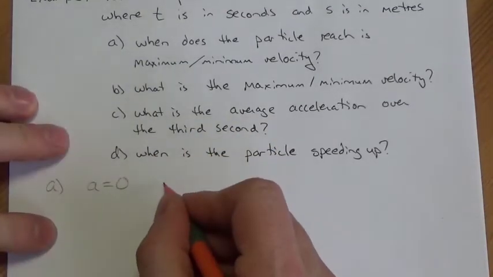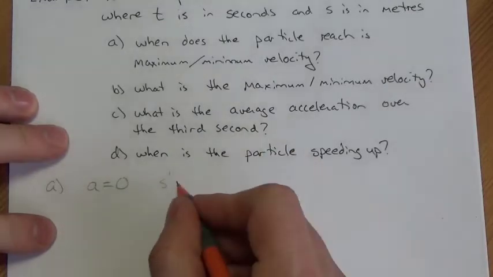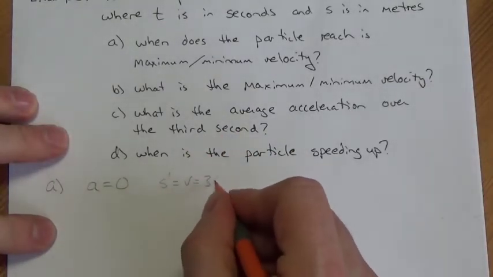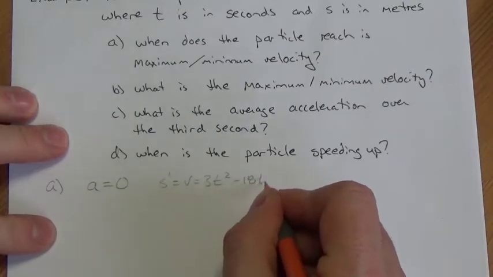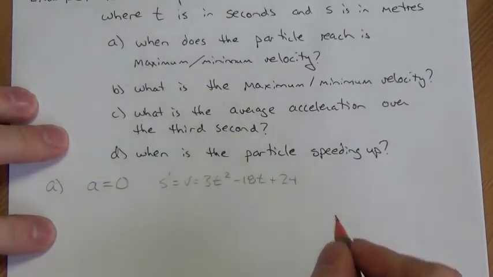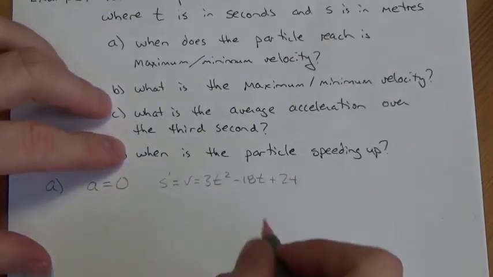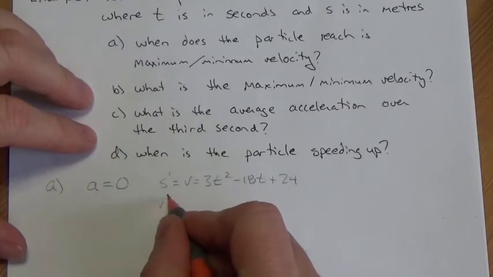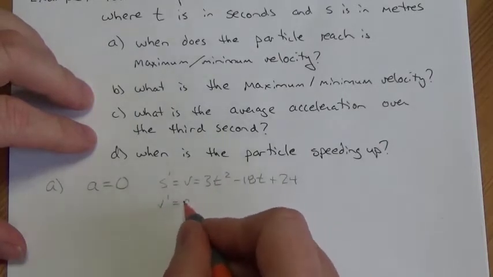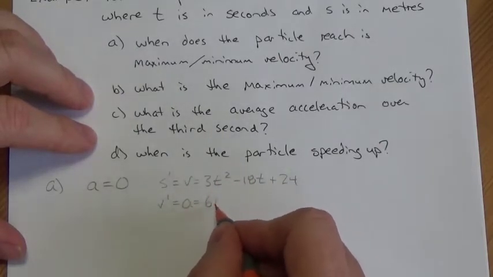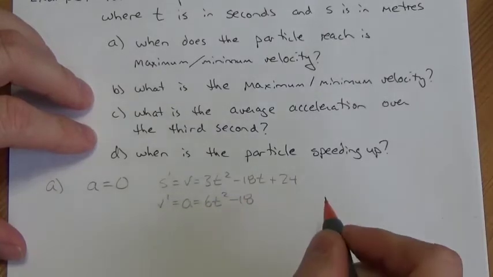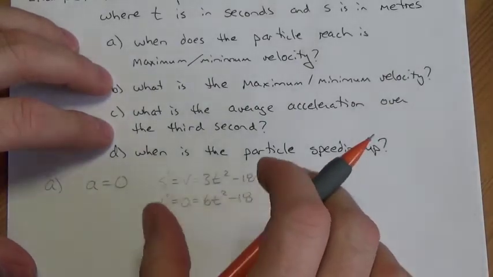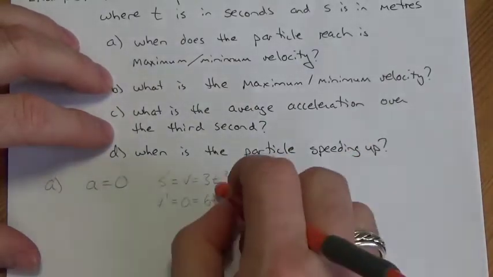So the first thing I'm going to do is figure out what my displacement derivative is. That's going to be velocity, and that is 3t squared minus 18t plus 24. Excellent. But that's not what I need. I need acceleration. So take the derivative of velocity, and that will be 6t minus 18.